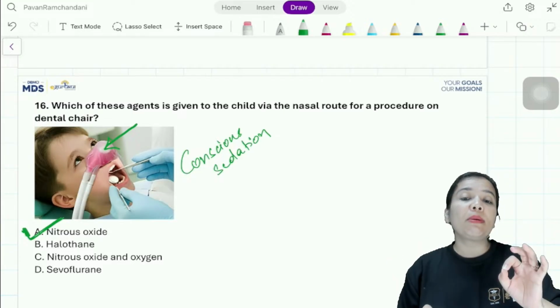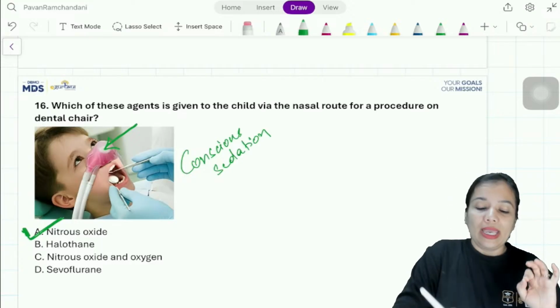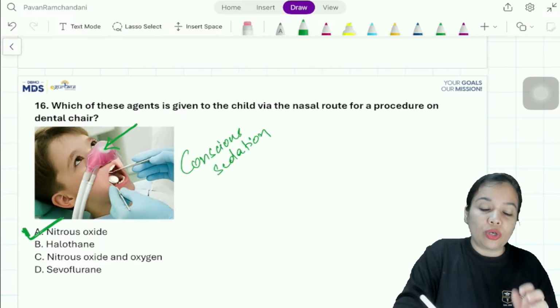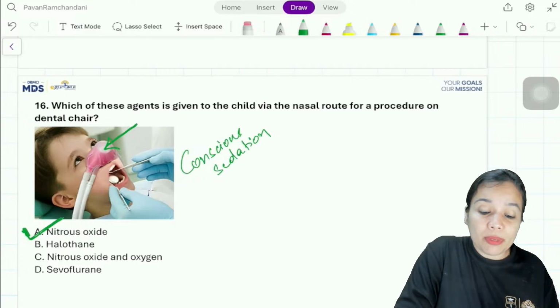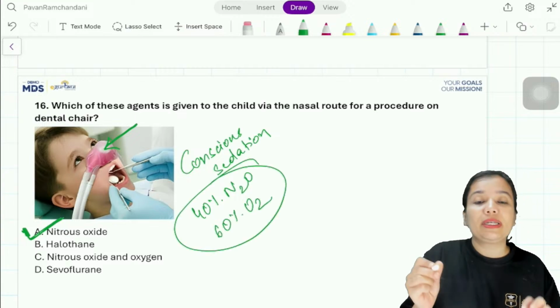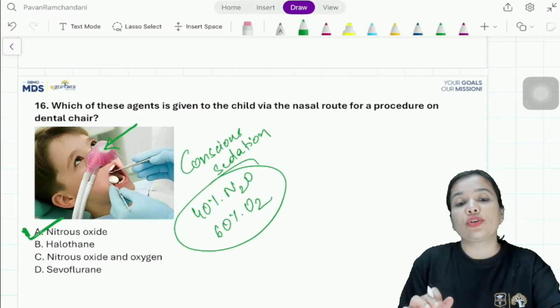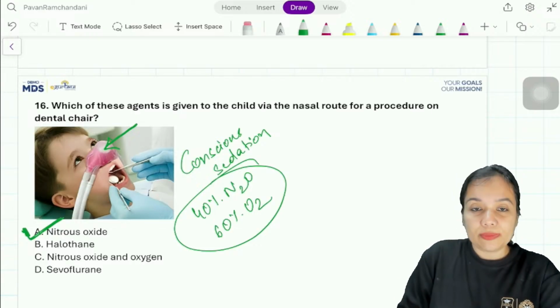The maximum is 40% nitrous oxide and 60% oxygen you still have to keep. That's the maximum, though most of the children get the effect in 30% nitrous oxide only, right?